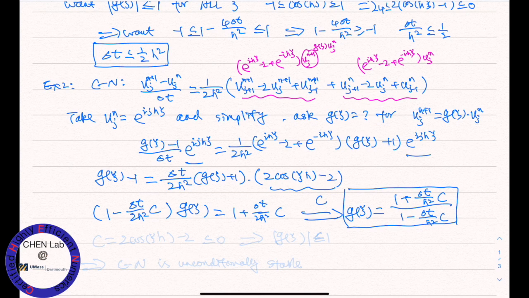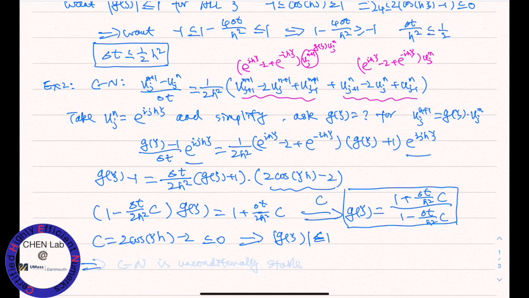For us, we know c is 2 cos(ξh) minus 2, which is always less than or equal to 0. So G(ξ) is 1 plus something over 1 minus something, where delta t and h squared are both positive and c is negative. So clearly this G(ξ) is always less than or equal to 1.